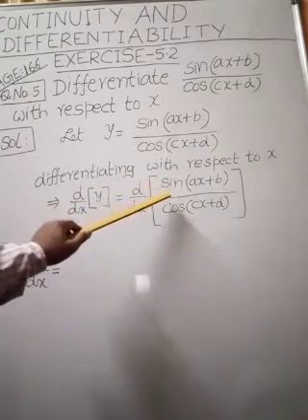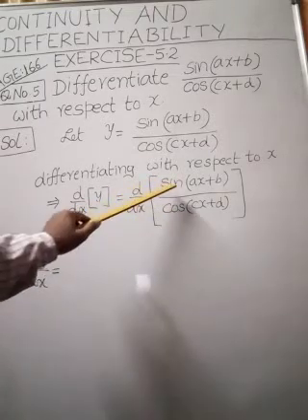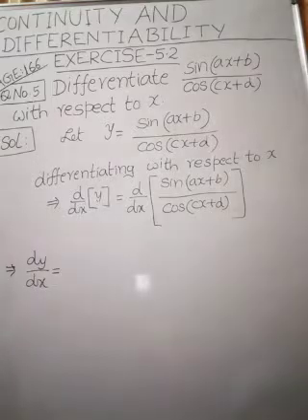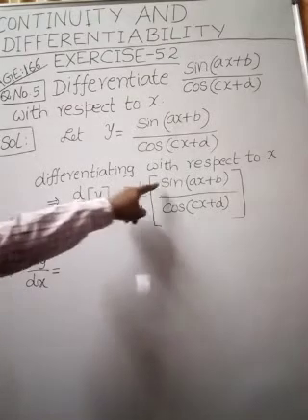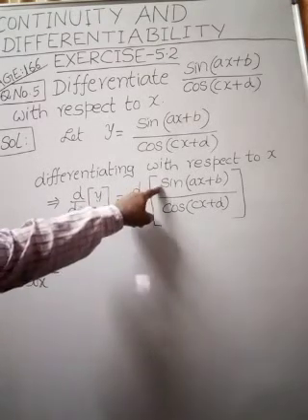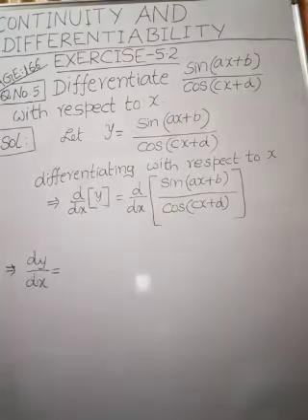It is in the form of d by dx of f of x by g of x, the u by v rule. In class 11 you applied the d by dx of u by v formula. Here this is u, this is v, or this is f of x, this is g of x.